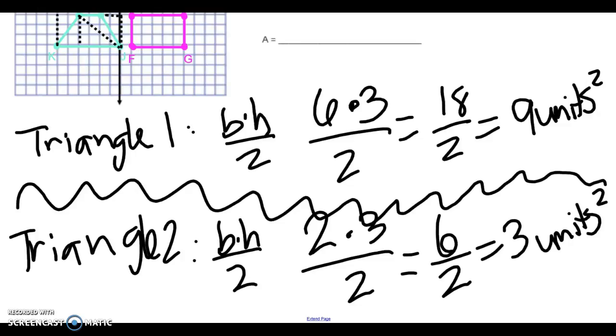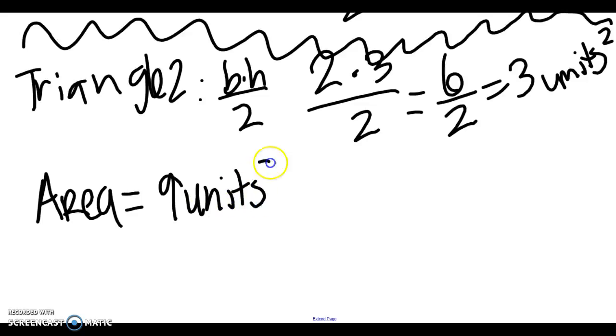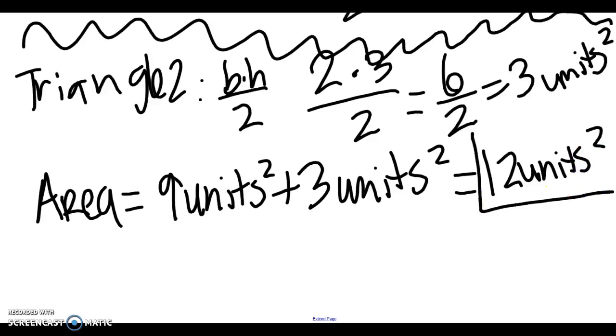To find the total area of the trapezoid, we need to combine these 2 areas together. We have our area equals 9 units squared plus 3 units squared, equals 12 units squared for our total area of the trapezoid.